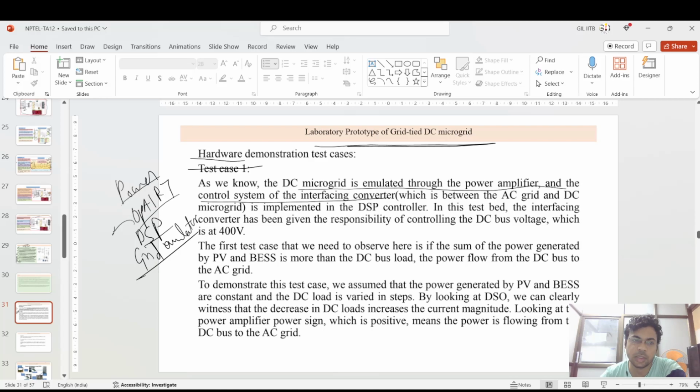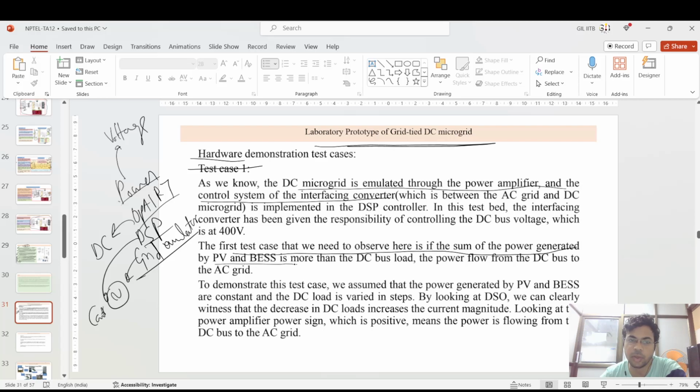These are the main devices being used, and the whole DC system is inside this microgrid. The grid emulator is forming the grid, the DSP controller is for the controller design, and the power amplifier is for boosting the voltages. So this is a big setup.